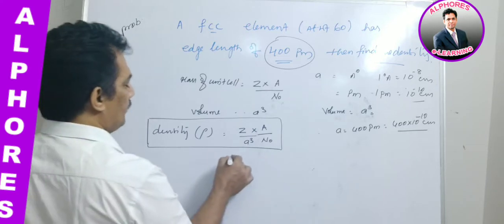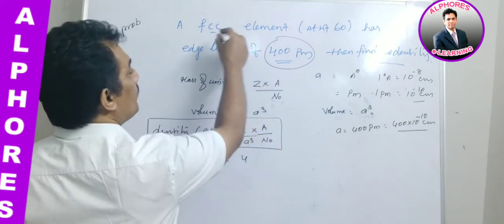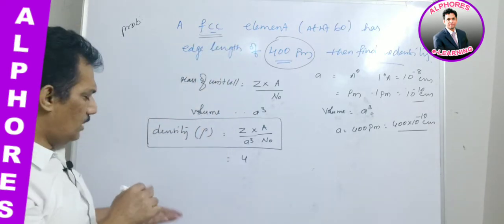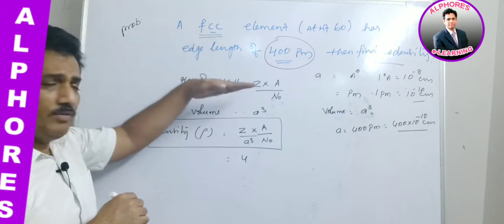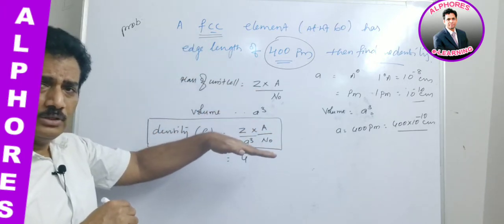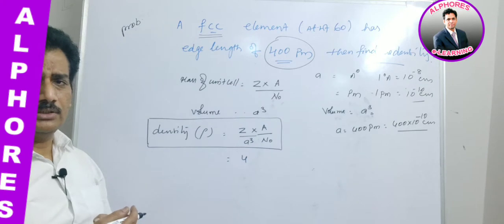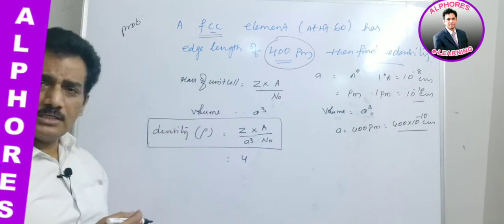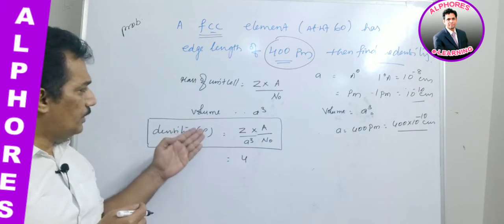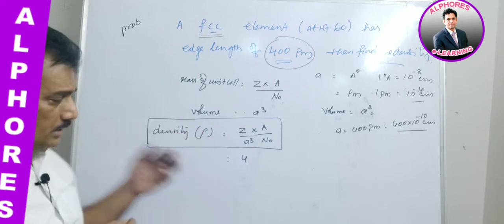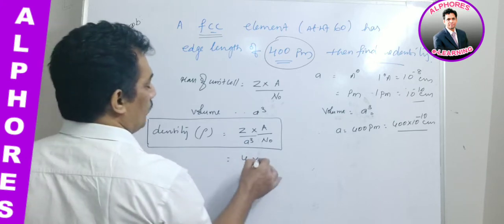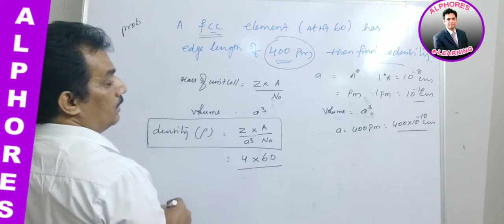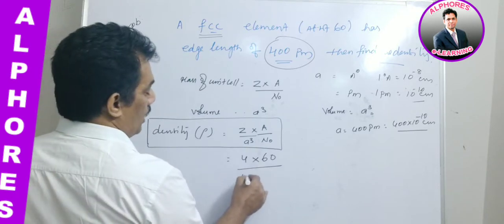Z value is 4, known from FCC. We have already derived these values for different crystal structures: simple cube it is 1, FCC it is 4, SCP it is 6, and for body centered cubic it is 2. Here 4 into the atomic mass, 60, by A cube, where A is 400.